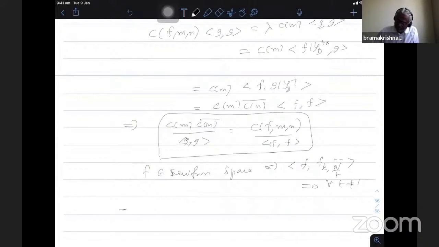This implies C f m n is nothing but in c k d inverse m power k minus half. I am comparing the mth coefficient. Therefore, this is f k n minus 1 4 k n minus 1 4 k m. Okay, that inner product.